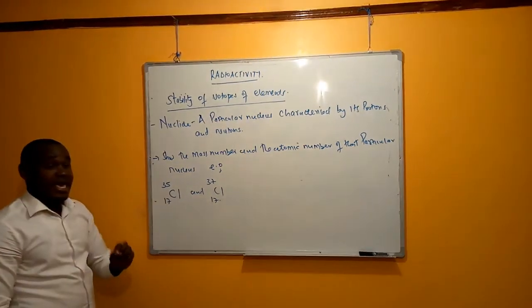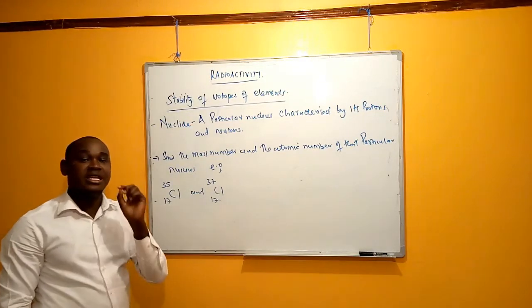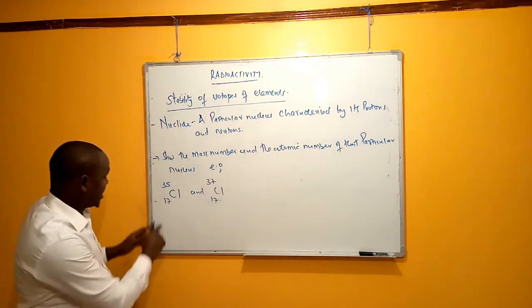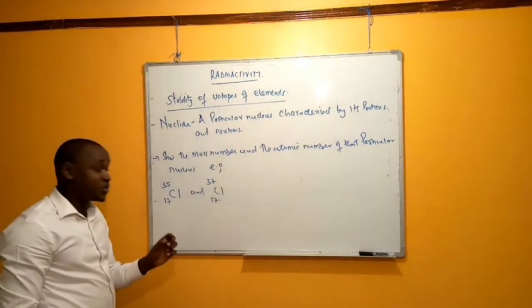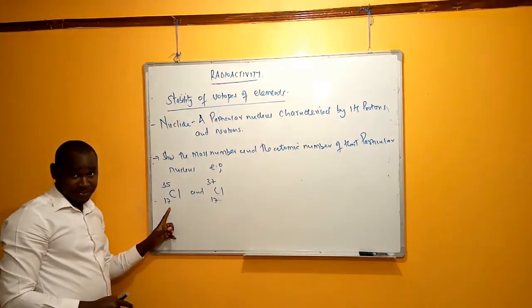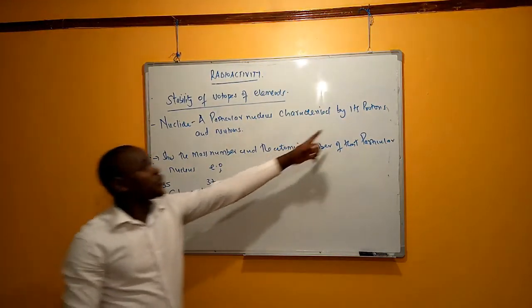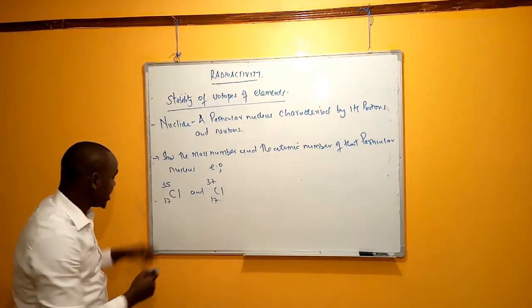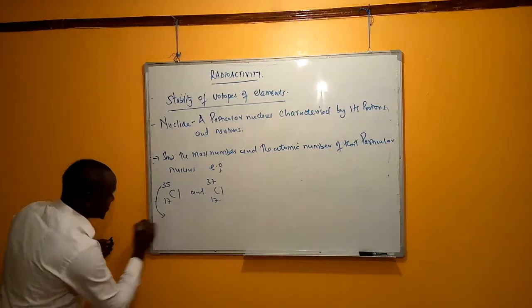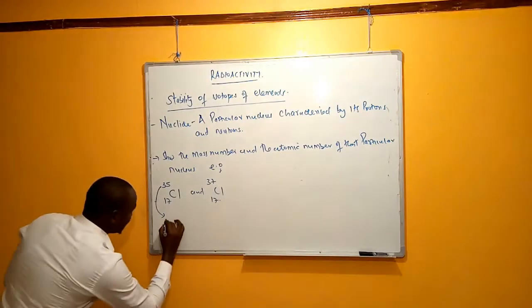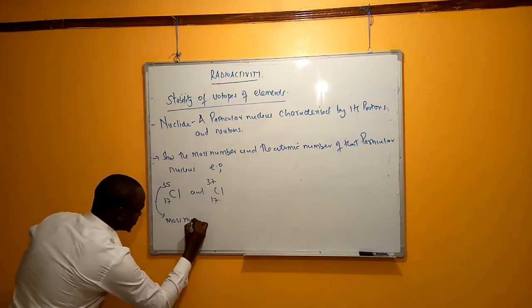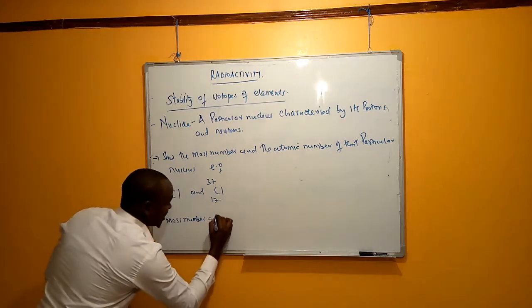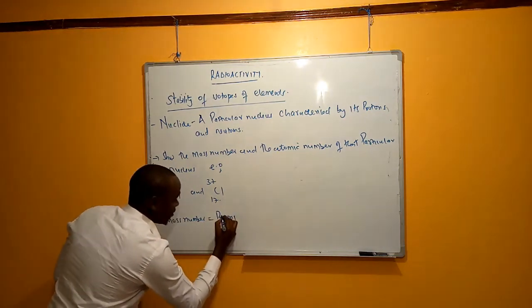Atomic number is the number of protons in the nucleus of an atom. Therefore, 17 is the number of protons in this particular nuclide. But then we are talking about protons and neutrons. How are we going to get neutrons? Something that you did in chemistry book 2. Since 35 is our mass number, you know very well that mass number is the sum of the number of protons and the number of neutrons.